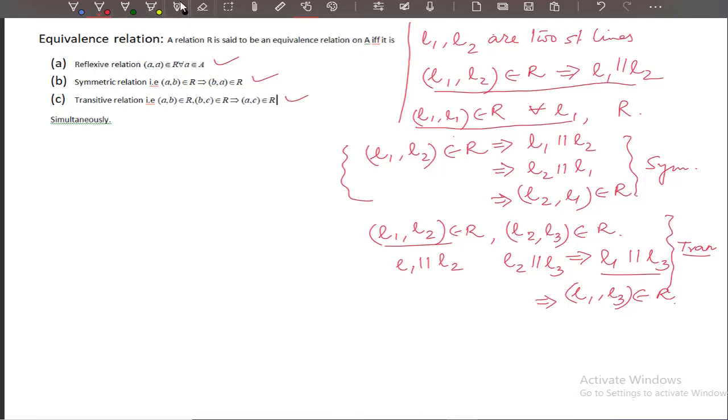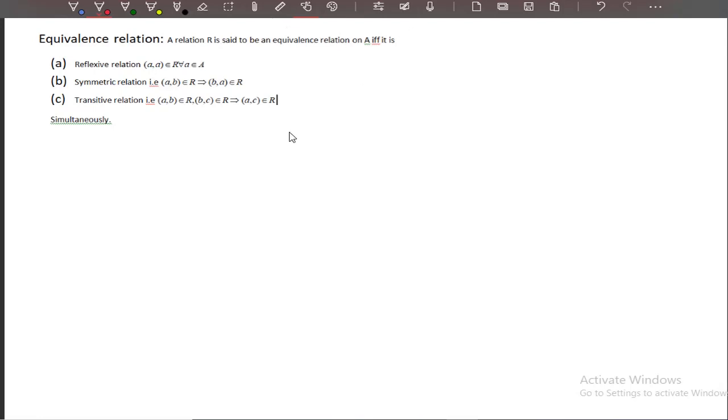Okay, now one more example. This is from the NCERT book. A relation R on A, where x is a book in a library.